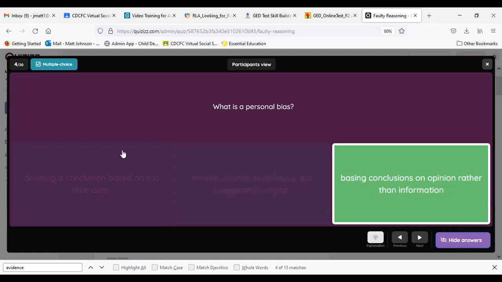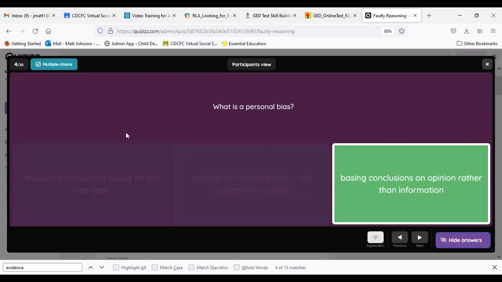It's hard for us to be objective a lot of the time because we have personal opinions. So that could be seen as faulty reasoning if you let personal bias make a decision.